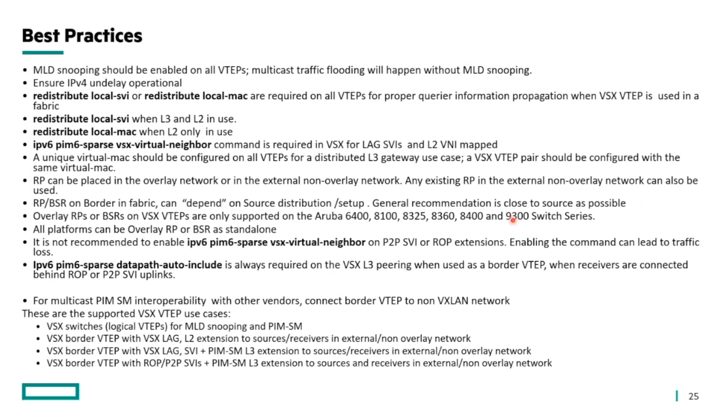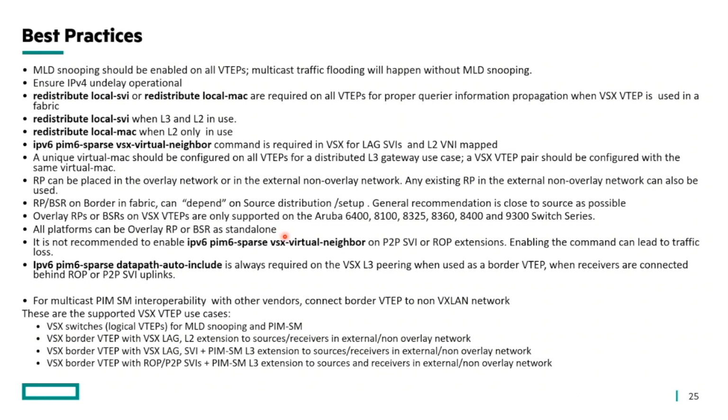In terms of RP and BSR support for VSX, we only support the 6400, 8100, 8325, 8360, 8400, 9300. If you're using maybe a small fabric, you can use an RP or BSR in any of the supported platforms from the 6300 upwards if you're testing it, or you've got a very, very small fabric.